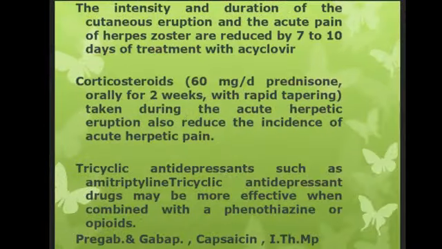The intensity and duration of the cutaneous eruption and the acute pain of herpes zoster are reduced by 7 to 10 days of treatment with acyclovir. Corticosteroids also reduce the incidence of acute herpetic pain. Tricyclic antidepressants such as amitriptyline may be more effective when combined with phenothiazine or opioids. If you start a low dose of tricyclic antidepressant within 48 hours of the onset of the rash and continue for 90 days, this may reduce the incidence of acute herpetic pain and postherpetic neuralgia.